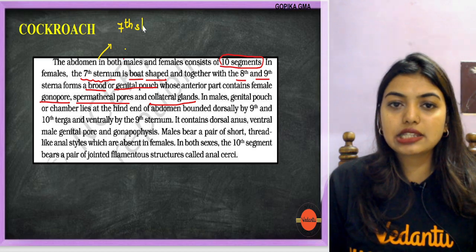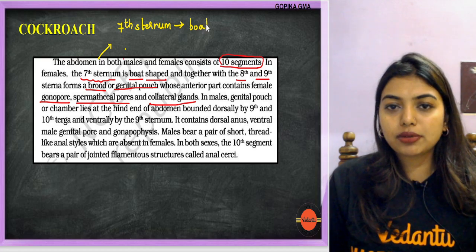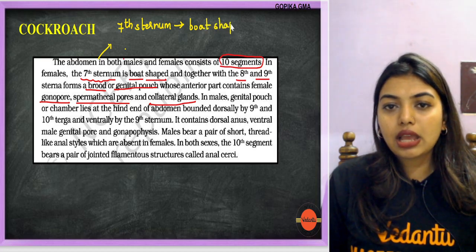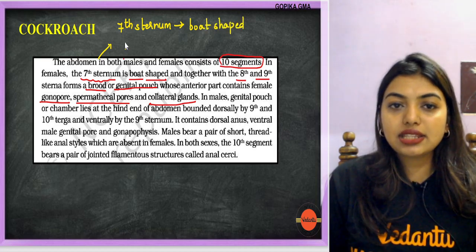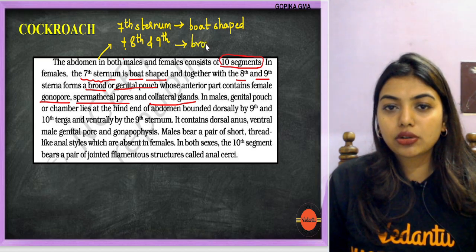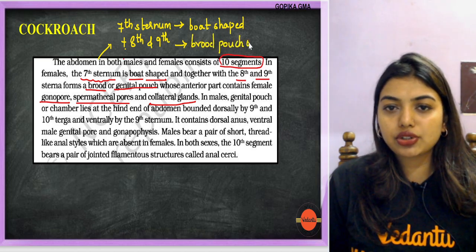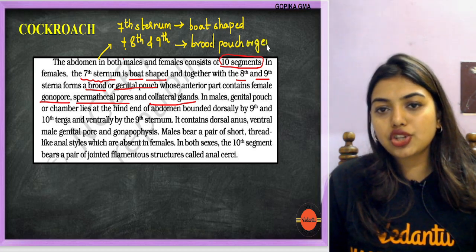In that, the 7th sternum is boat shaped. Boat shaped. And they are also telling the 7th sternum with the 8th and 9th sternum together forms the brood pouch, or what we can call the genital pouch.